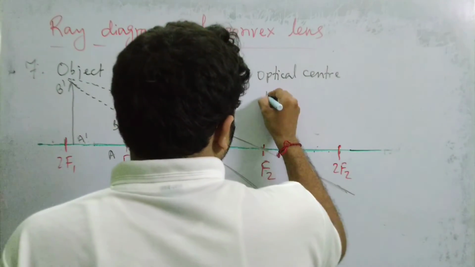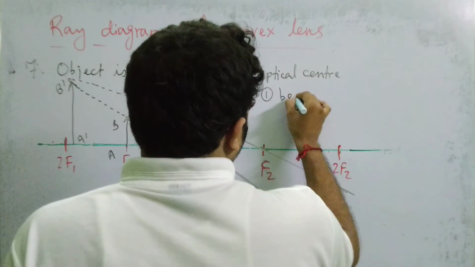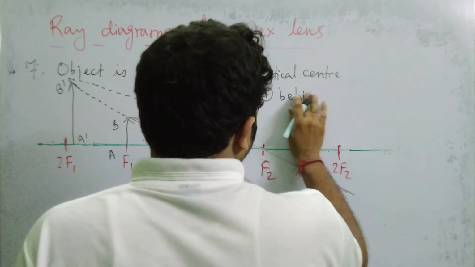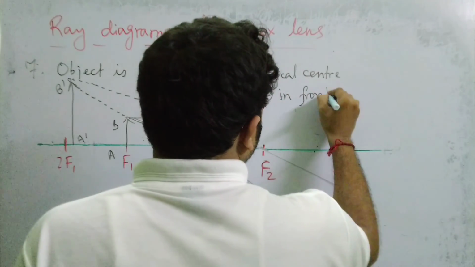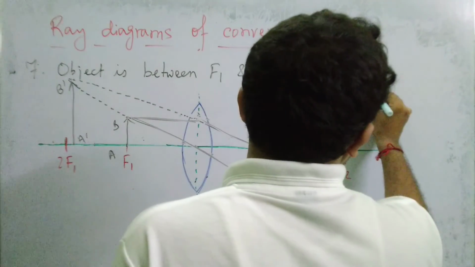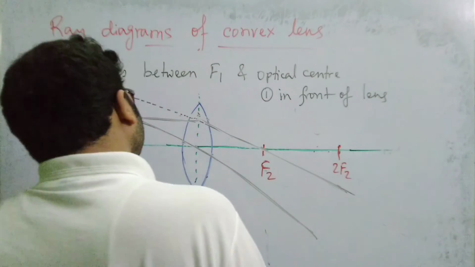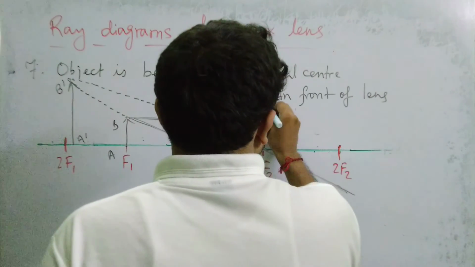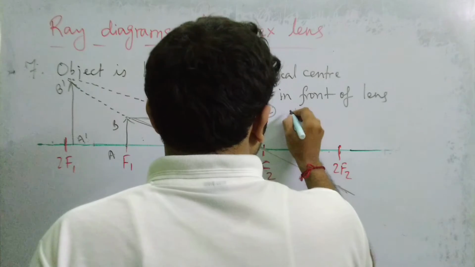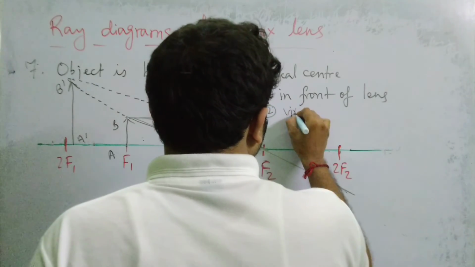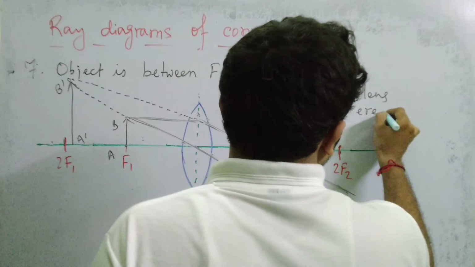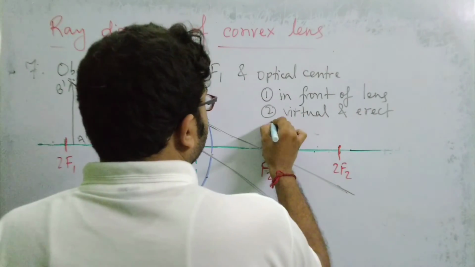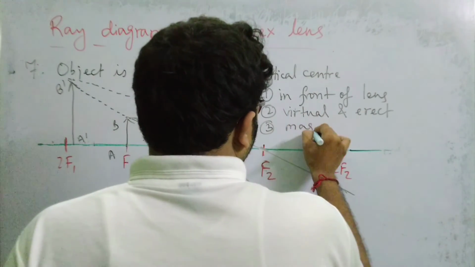So the position of the image is in front of the lens, unlike the previous cases where the image was formed behind the lens. Second, the image is virtual and erect. Okay, and third, it is magnified.